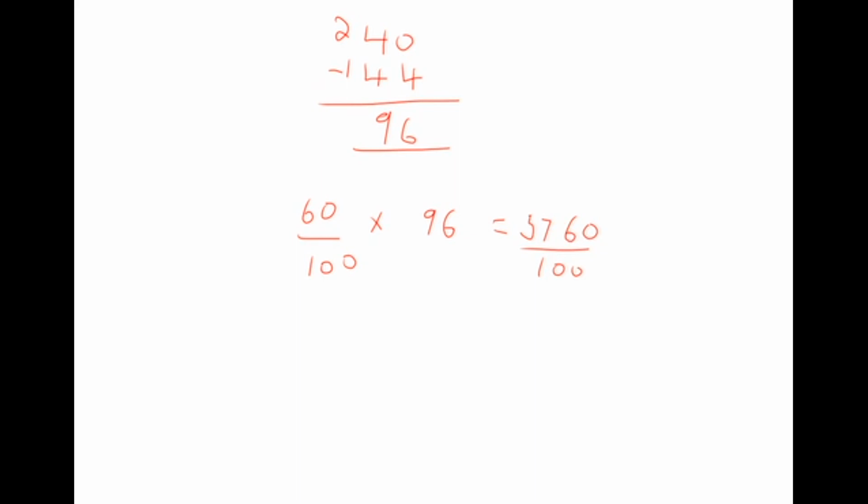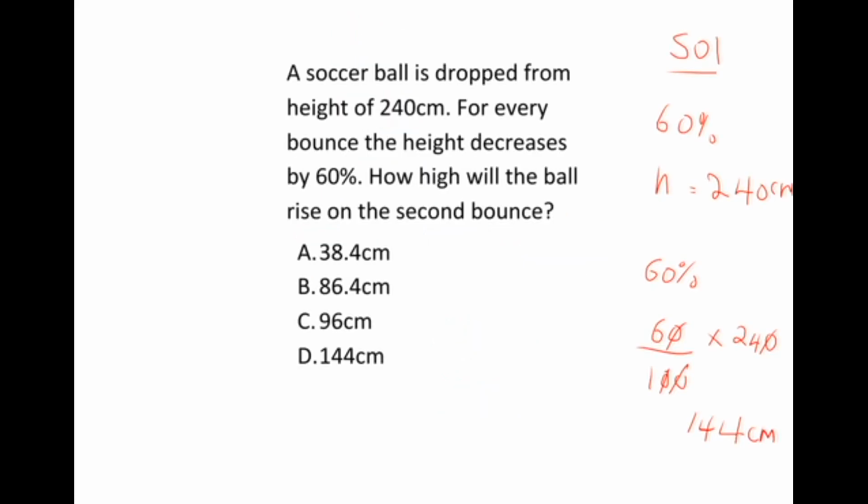We have 57.60, or we can say it is 57.6, since a 0 beyond the decimal we may not count. Therefore, 57.6.